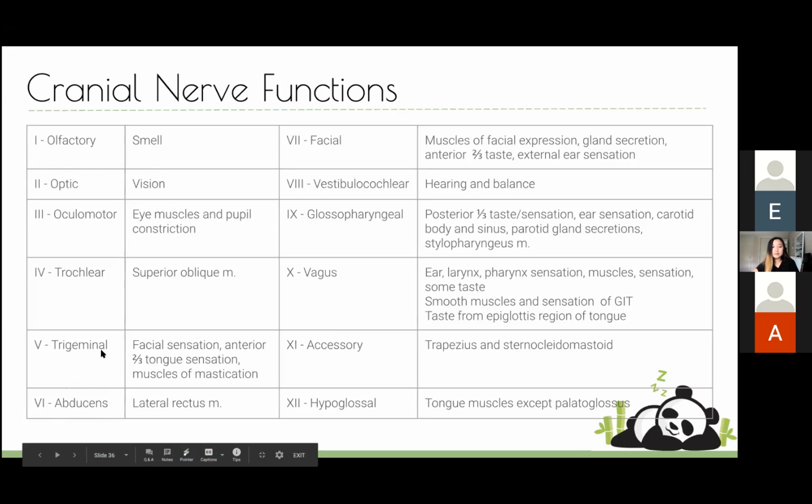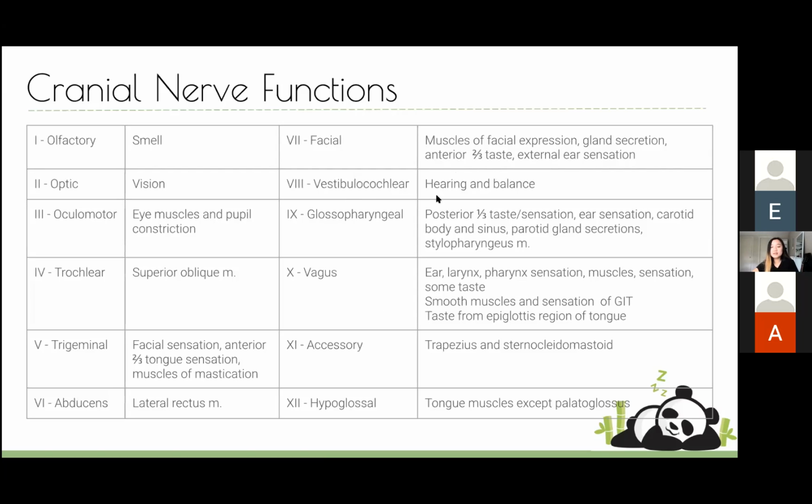Your trigeminal does facial sensation, as well as the anterior two-thirds of your tongue in terms of sensation, and does your muscles of mastication. Your facial nerve does your facial expressions. It does gland secretion, so it's got lots of PNS. It's got the anterior two-thirds of the tongue in terms of taste and some sensation in the external ear.